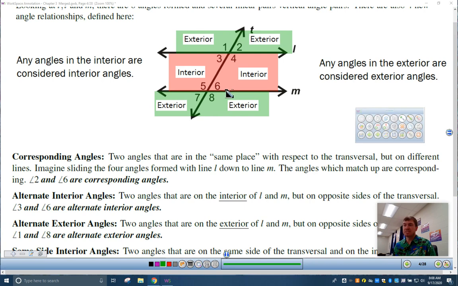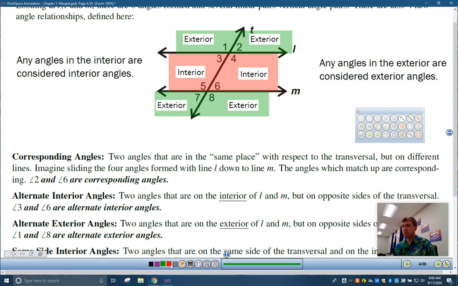So 3, 4, 5, and 6 are all interior angles. 1, 2, 7, and 8 are all exterior angles. Corresponding angles are angles like 1 and 5. You see there's this group of 4 right here, and there's this group of 4 right here.